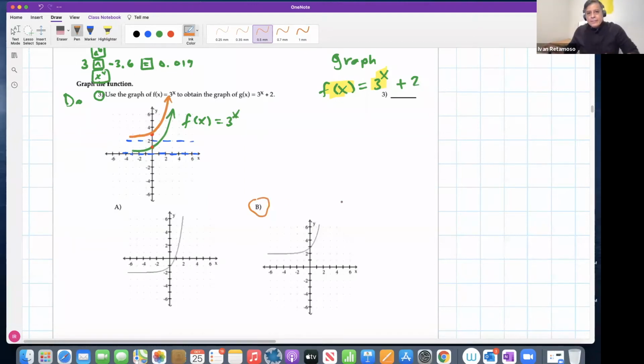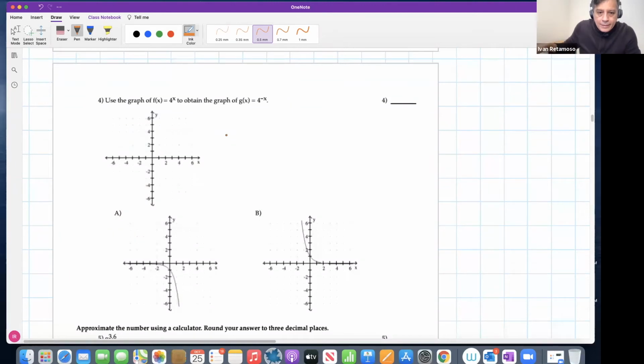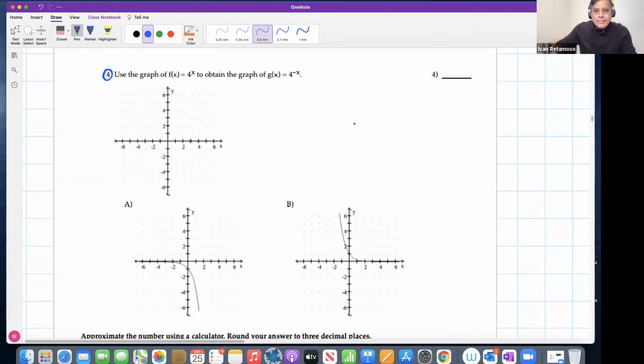Follow? Great. This graphing is not really difficult. Can you try this so we can move on? This number 4. Again, two choices there. Maybe we keep it a little bit bigger. You see it? Graph g of x equal 4 raised to minus x.